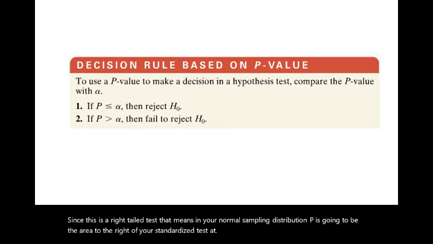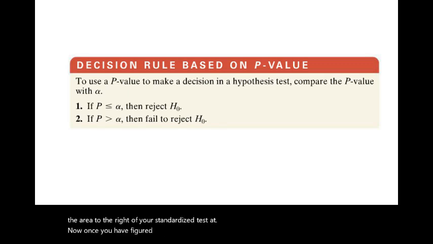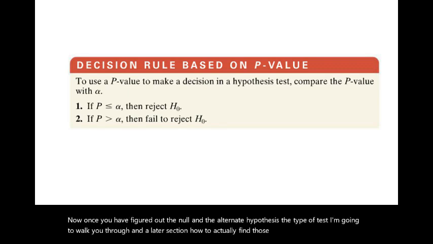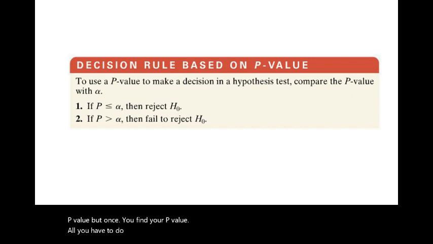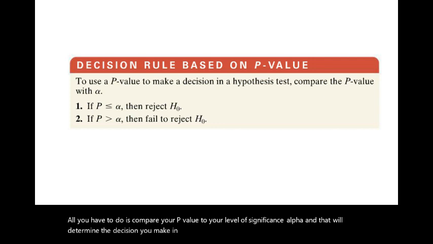Now, once you have figured out the null and the alternate hypothesis, the type of test, I'm going to walk you through in a later section how to actually find those areas and to actually find your p-value. But once you find your p-value, all you have to do is compare your p-value to your level of significance alpha, and that will determine the decision you make in a hypothesis test. So this slide is extremely important.